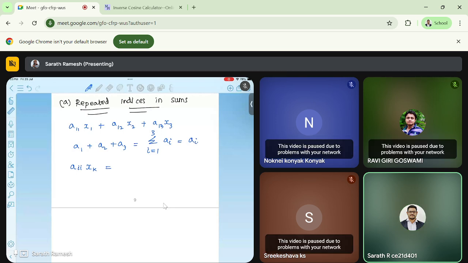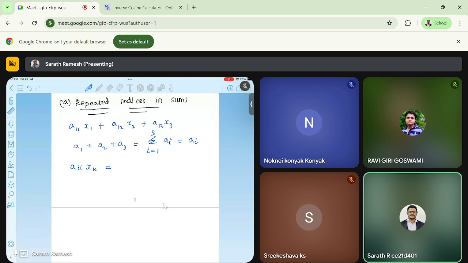So it is A11 xk plus A22 xk plus A33 xk, that's it. So when any index is repeating twice, it means we need to sum it from 1 to 3. That is the simple way of writing this in indicial notation.